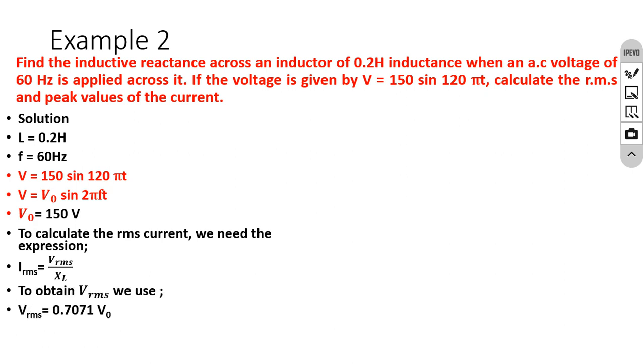Okay, so we use the expression so we can obtain the root mean square voltage. V root mean square equals to 0.7071 V0. Remember, I told you it's the same as the other expression. So we are going to substitute the value of V0 into this expression. I hope you've seen what's our V0. Look at it here.